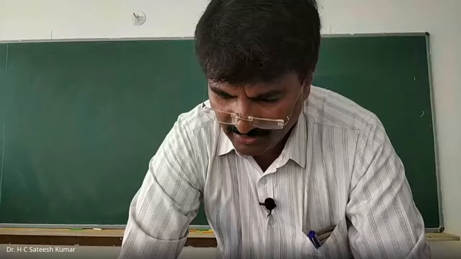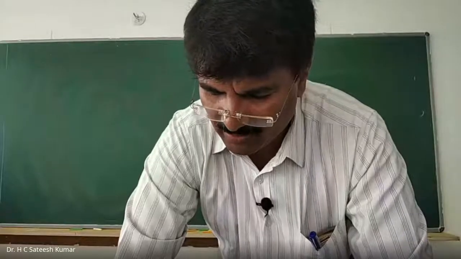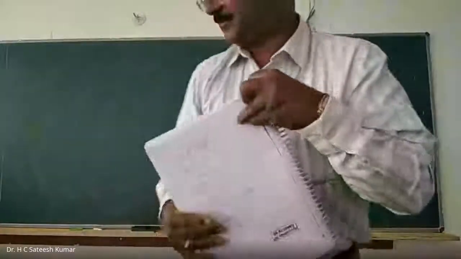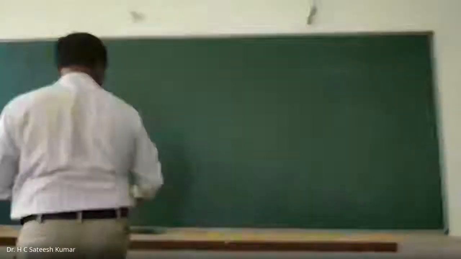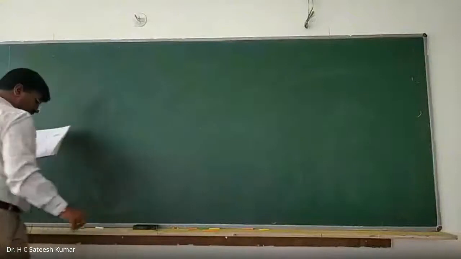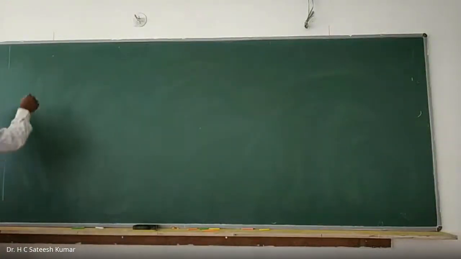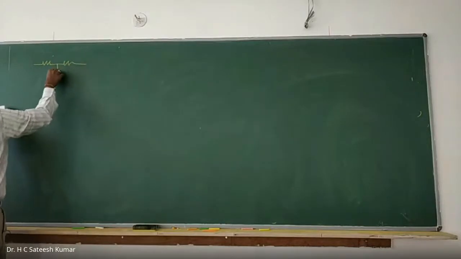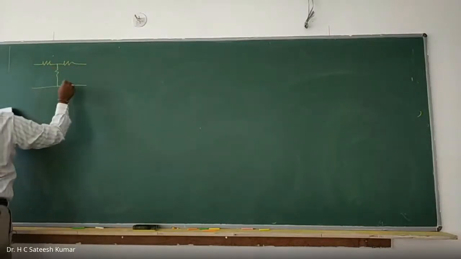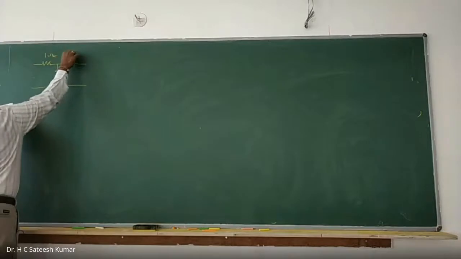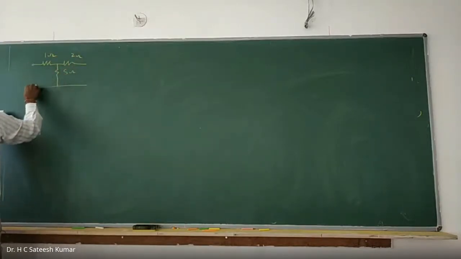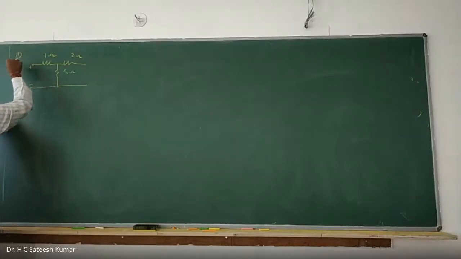The question is like this: find the transmission or general parameters for the network shown below. It was asked in one of the examinations. This is a very simple one. He has given like this: 1 ohm, 2 ohm, 5 ohms, and a source with plus and minus terminals.